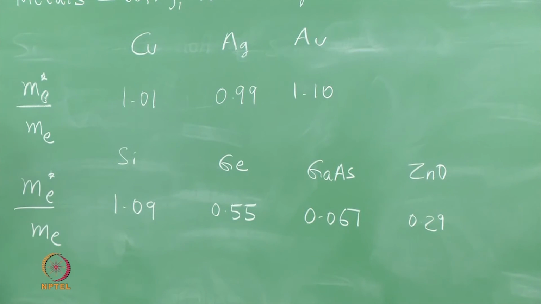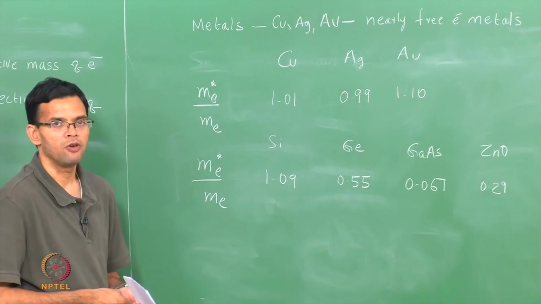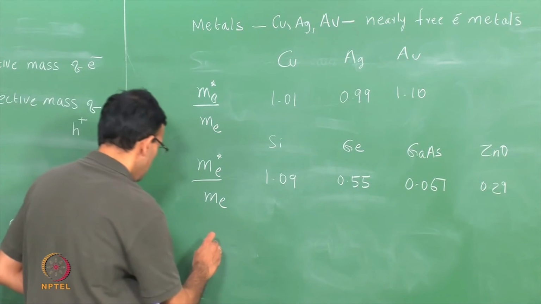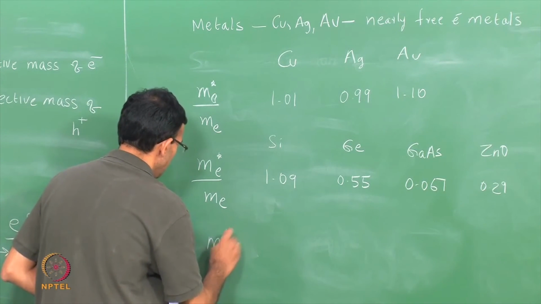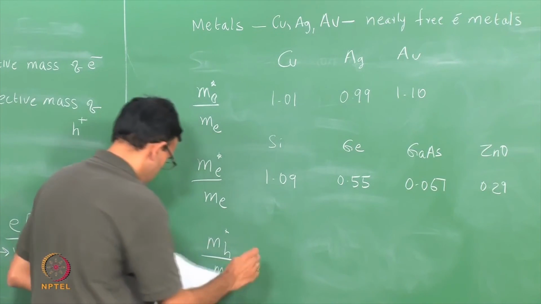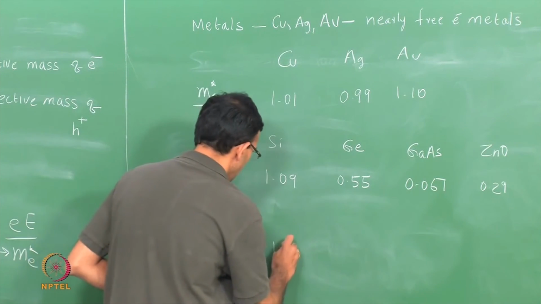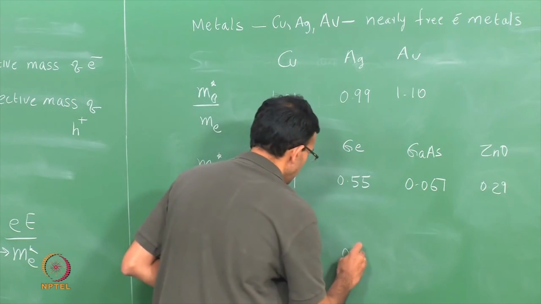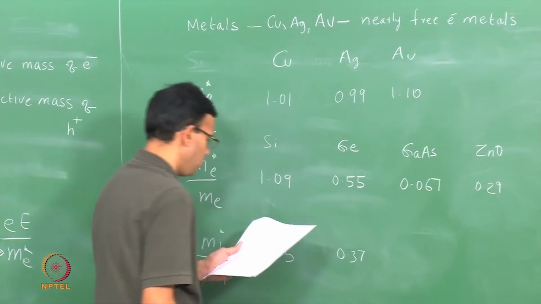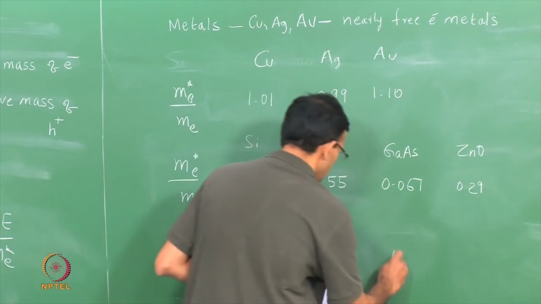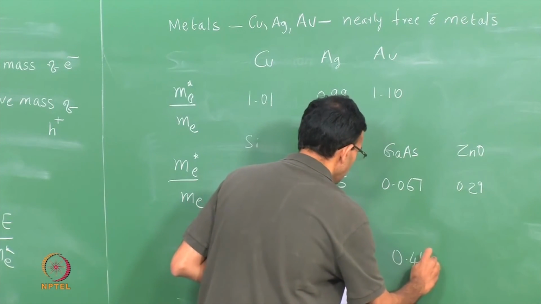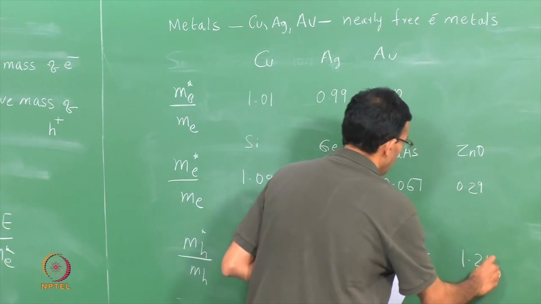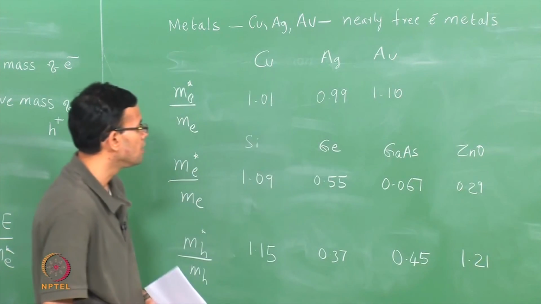So, this represents the influence of all the atoms on the movement of a hole in the valence band. So, now you have mh star, this is around 1.15, for silicon it is around 0.37, for germanium 0.45, gallium arsenide around 1.21 for zinc oxide.